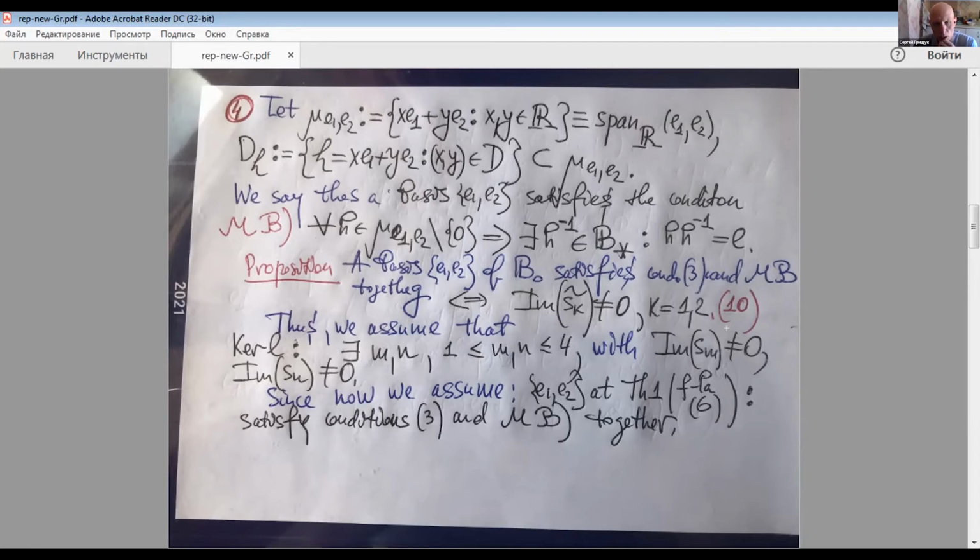Thus, we need these assumptions. So now we assume that the characteristic equation of equation 1 has roots such that at least two of them are different and have non-zero imaginary parts.